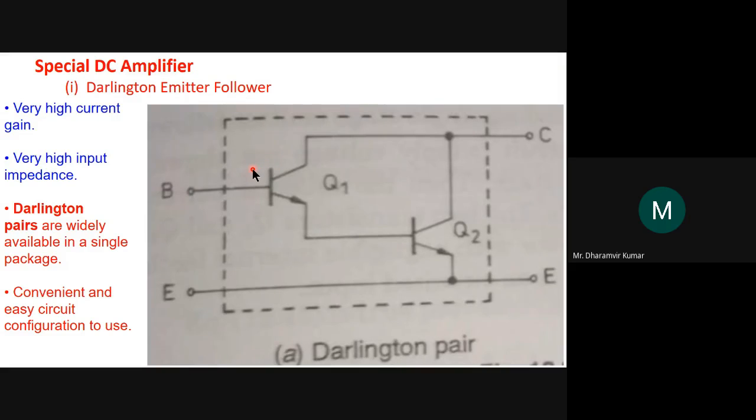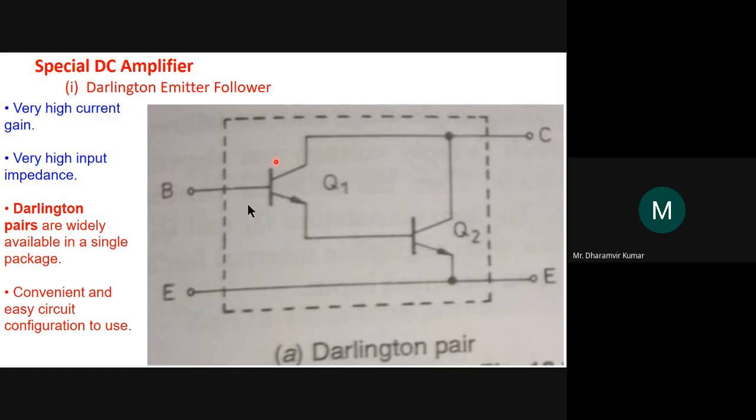From the input side, the resistance of this particular reverse biased junction will be the overall resistance of the whole pair. Since a reverse biased junction has a very high resistance, it has a very high input impedance.